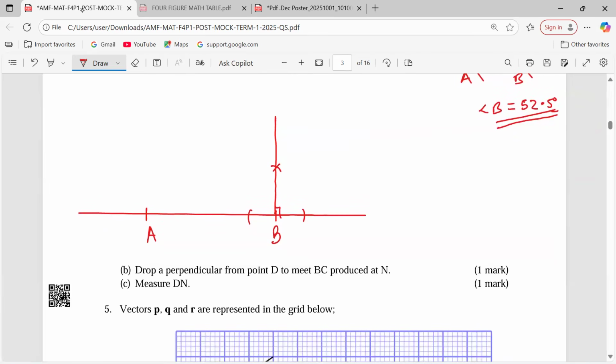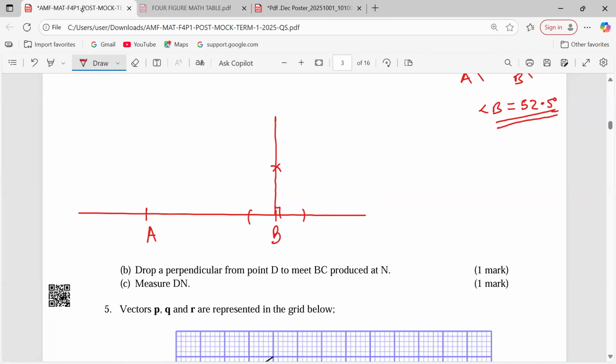What about with this 90 degrees? What if with 90, we construct a 60? We construct 60 degrees. Look at the 60, the way I shall construct it.